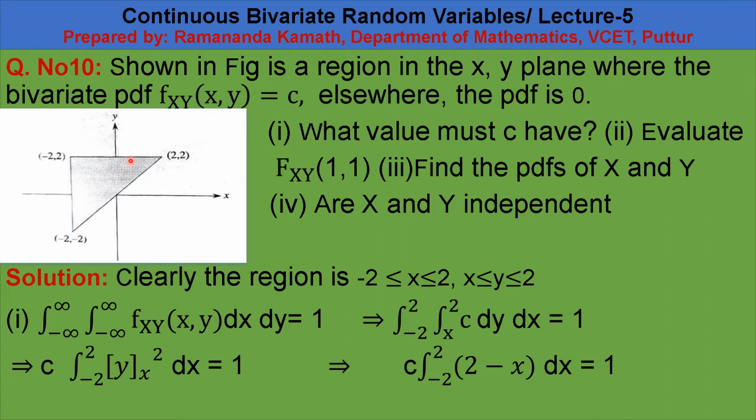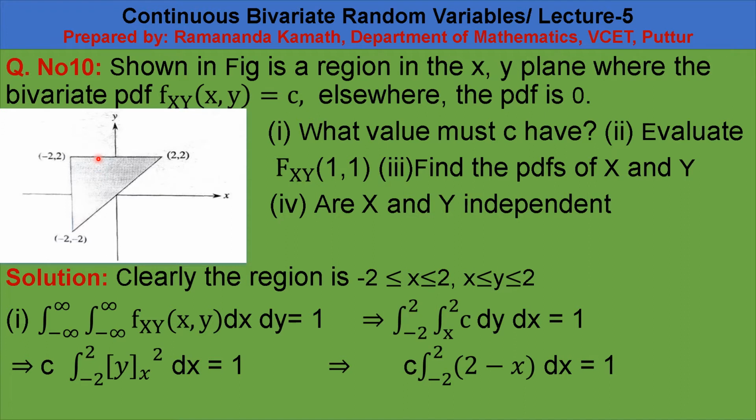So the shaded part will be x equal to -2 to x equal to +2. Why do we have to take x as +2? Because this vertex is included. To exclude this unshaded part, you start y from y equal to x, vertically upwards to y equal to 2.